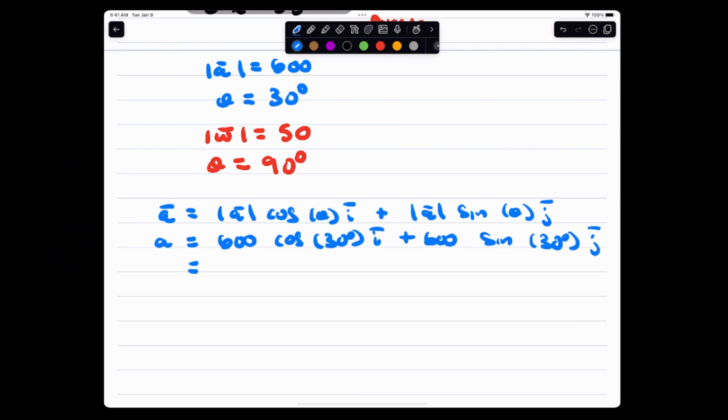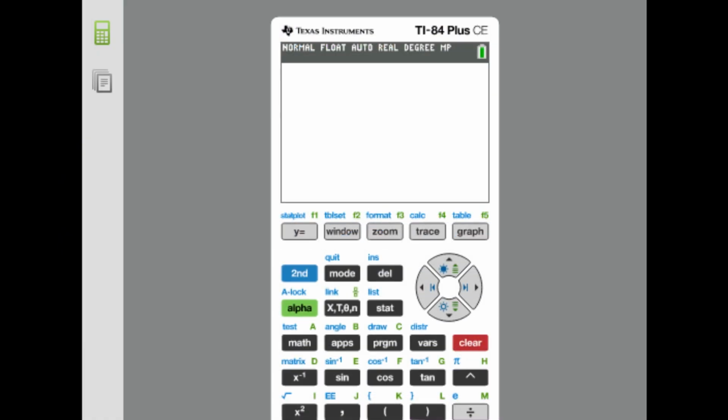We're going to go to the tenths again. 600 cosine 30, 600 what? Sine 30. So that's 519.6i plus 300j.